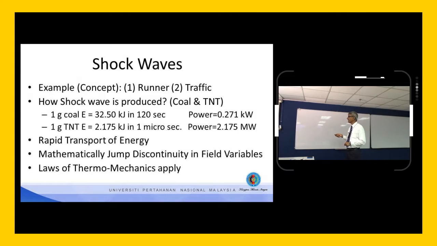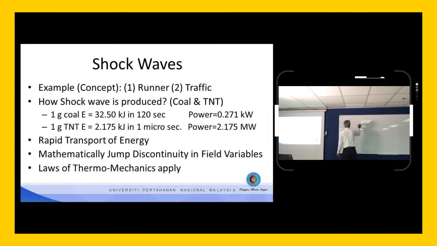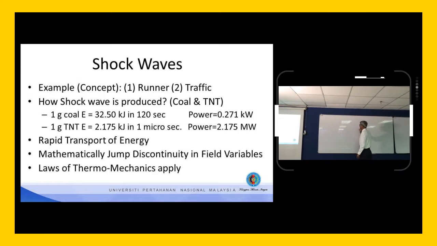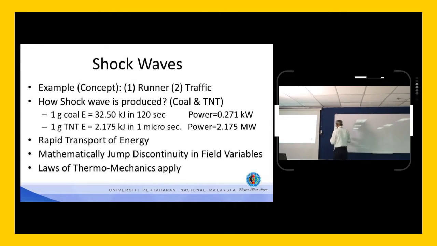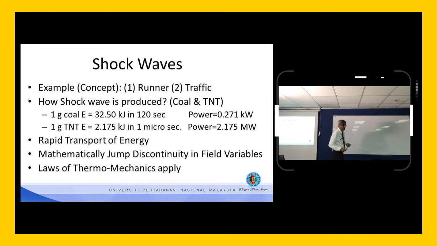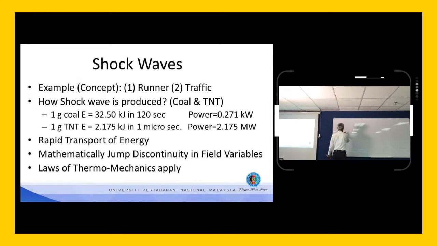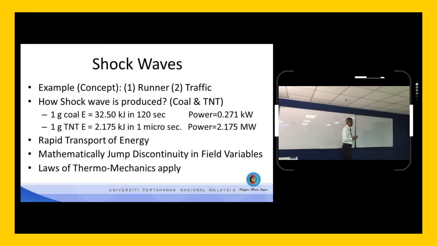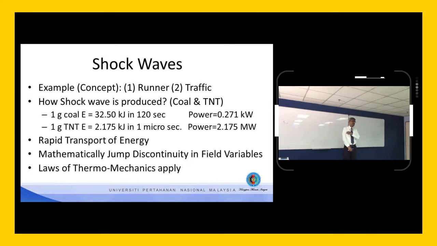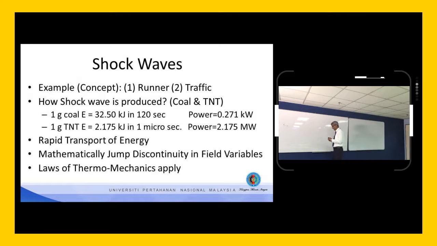Now this example of the runner I like very much. Just think of some cadets and you put them on the ground equidistant, and then you ask one cadet who is a very good athlete to start running and touch the cadet standing there, and the instruction to that cadet is that as soon as you feel a touch, you start running also.